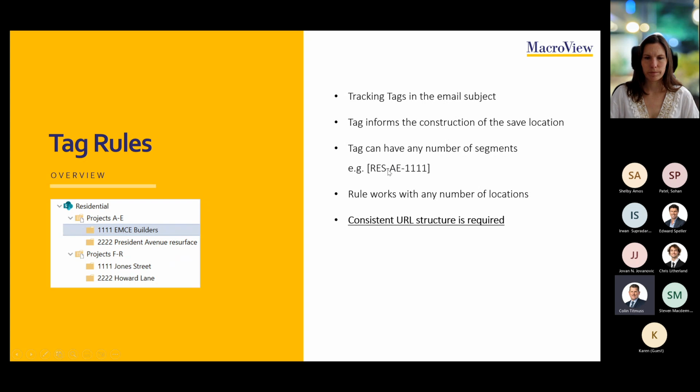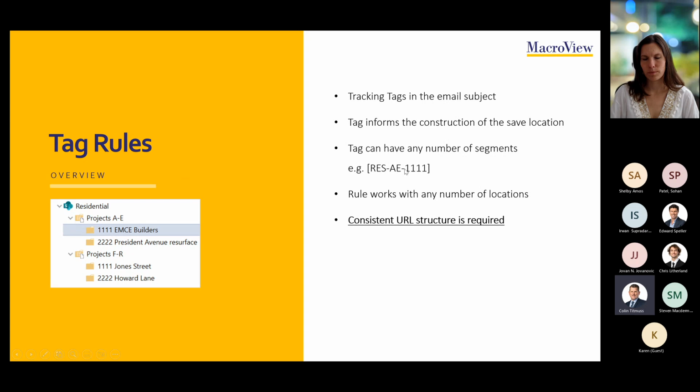So in this example, we've got a part of the tag that's telling us it's to go to the residential site. We've got another component of the tag telling it which one of these libraries to go to. We want the AE library. And then we've got a component of the tag that's telling us we want to go to the folder starting with that number. So we're building up the structure there.